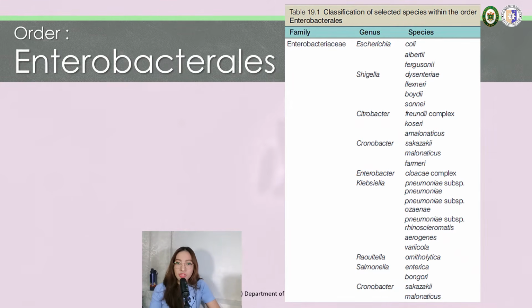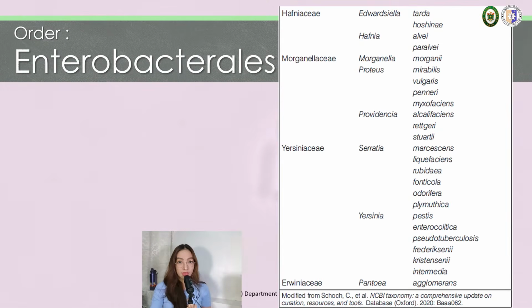This slide shows us all the bacterial genera and species that are currently classified under the order Enterobacterales and under the family Enterobacteriaceae. Shown here are all the other members of the order Enterobacterales that have been reclassified into different families because, again, in the past, they were all under Enterobacteriaceae.